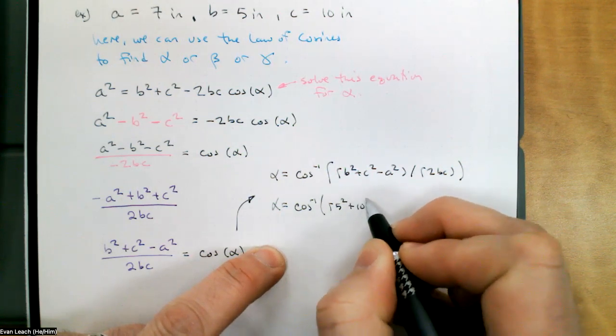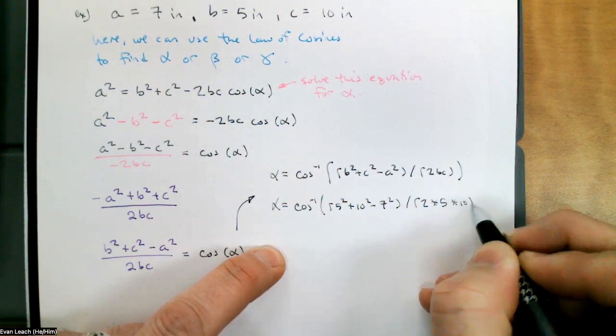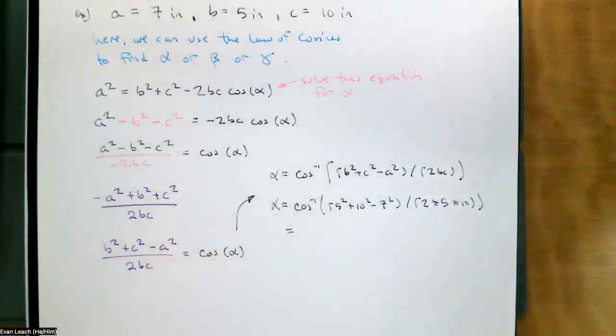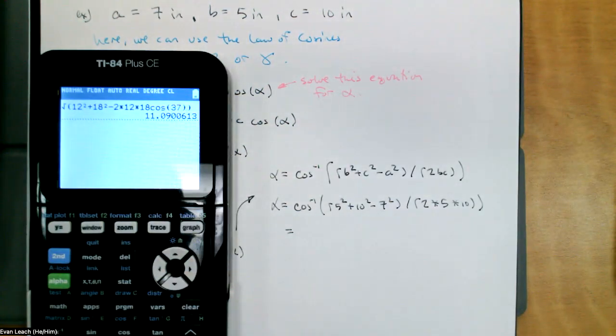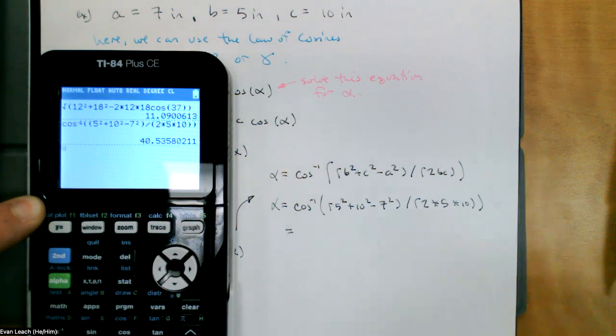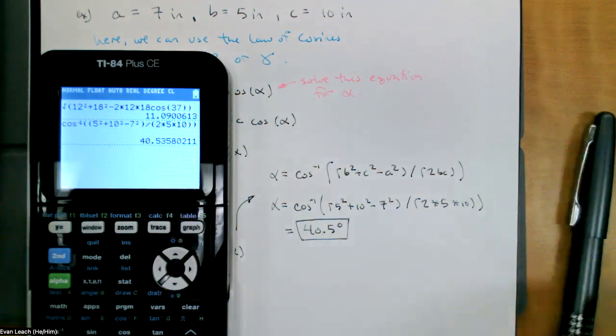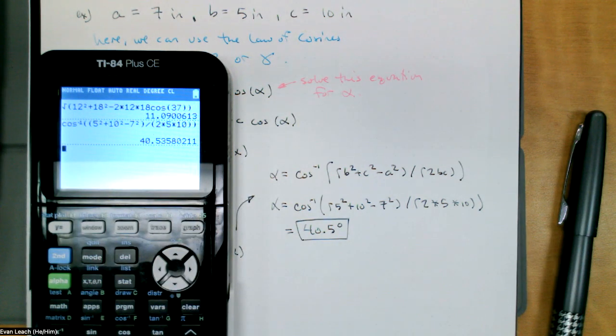So 5 squared plus 10 squared minus a squared, 7 squared, close parentheses, divided by open parentheses 2 times 5 times 10, close parentheses, close the cosine inverse.